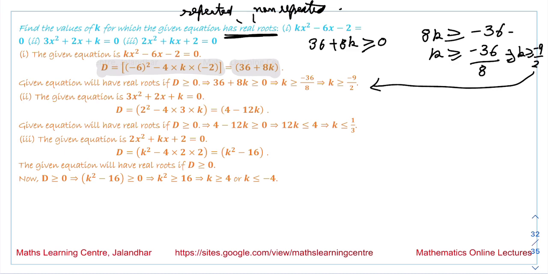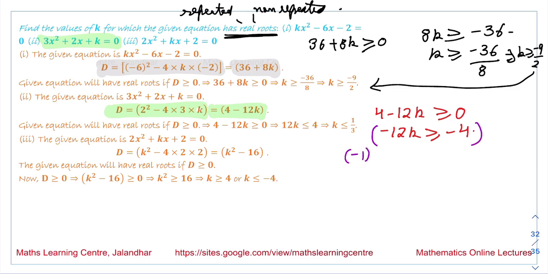Similarly, for the second equation, we have calculated the discriminant. It is b square minus 4ac, and the answer we get is 4 minus 12k. So we are saying 4 minus 12k should be greater than equal to 0. Now if we subtract 4 from both sides, we get minus 12k is greater than equal to minus 4. When we multiply this equation with minus 1, the sign will be reversed.